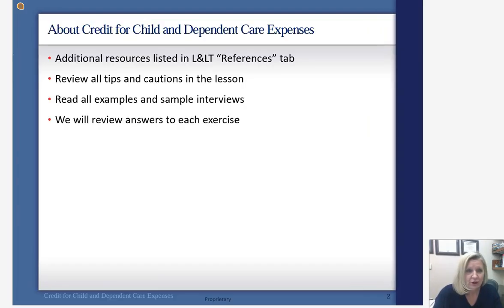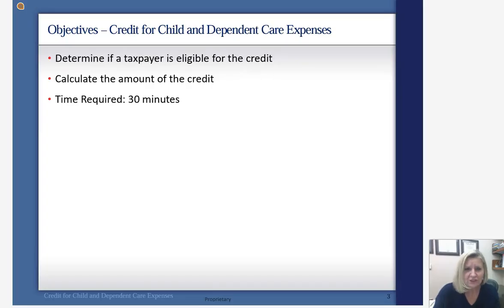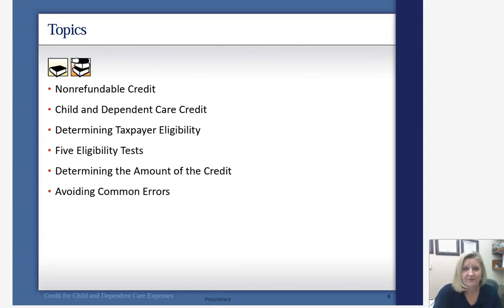So we are going to go through and determine who is eligible for the child and dependent care expenses and how the amount is calculated for the return.